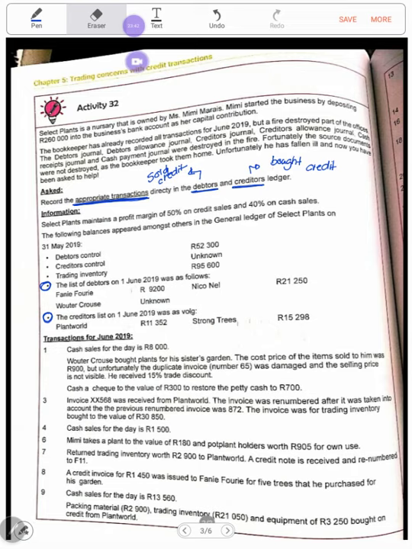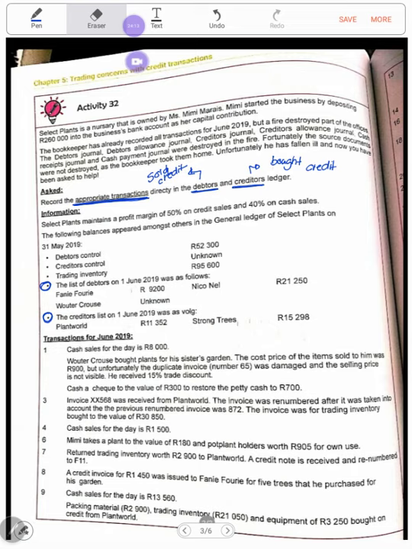All right, there is something I want to bring to your attention. If it will make it easier for you, I suggest that you highlight all the credit sale transactions in a different color and all credit purchases in a different color, just to differentiate between credit sales and credit purchases.